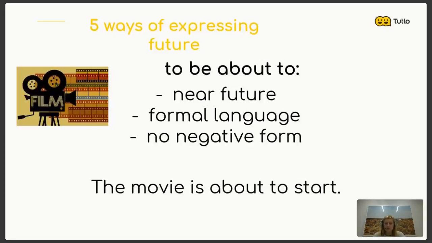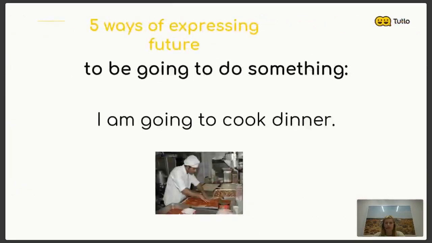Second thing, we use it when things are going to happen very soon, in close future, when we talk about formal language and formal constructions. And this is very important to remember, that there is no negative form. So there is no negation. And the movie is about to start, which means that it's going to start in like a minute for 100%.